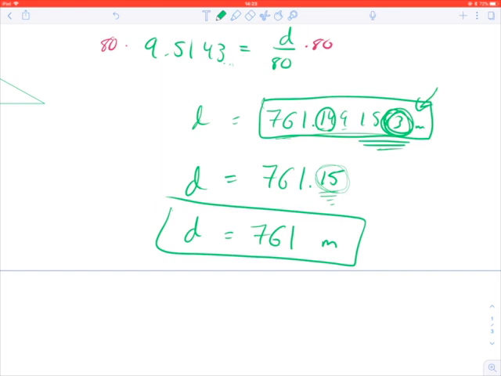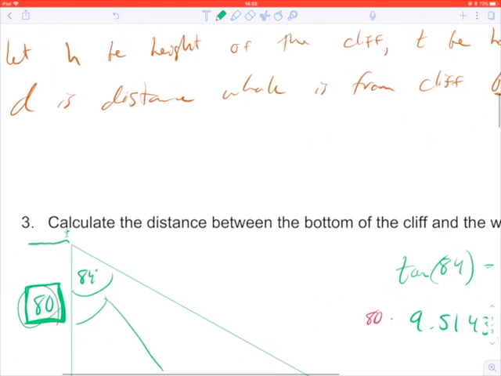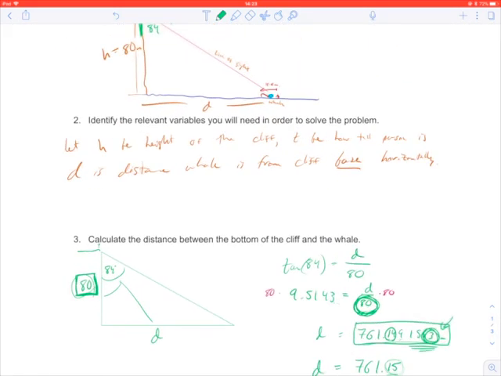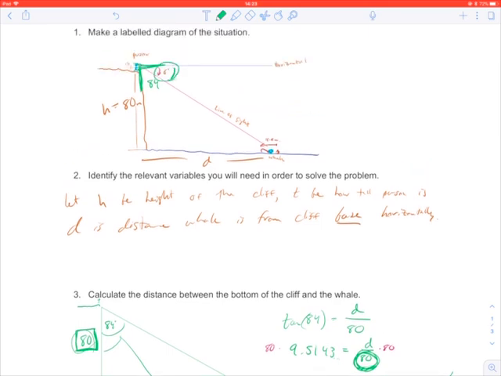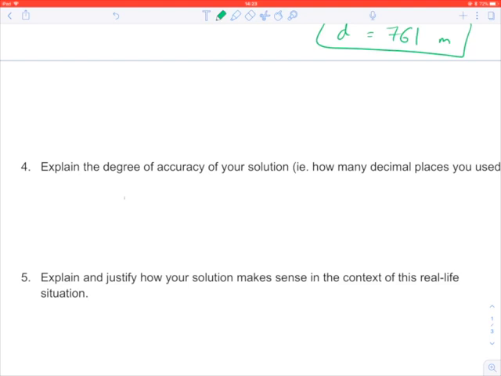How accurate do you think this is? Not very, right? How accurate do you think this 6 degrees is? Probably not. So I think I would say something like I rounded to 1 meter of accuracy.